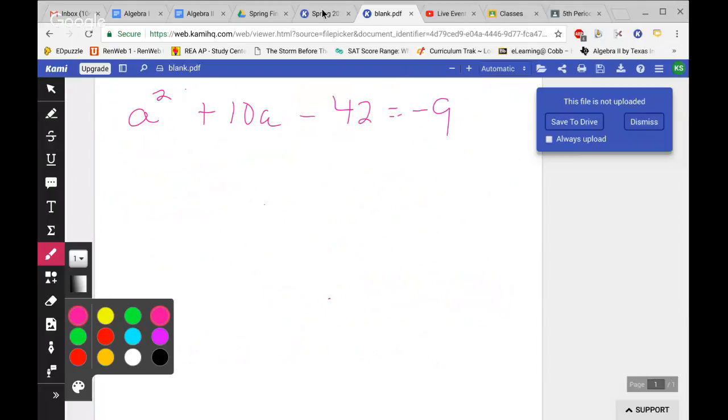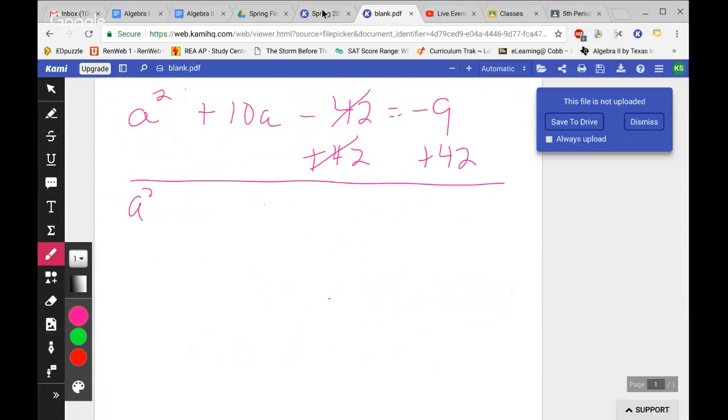So I'm going to add 42 to both sides. That creates my space, because now I have a squared plus 10a equals, and adding 42 to -9 gives me 33. Is that what you got too?